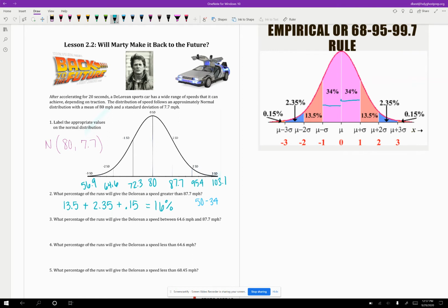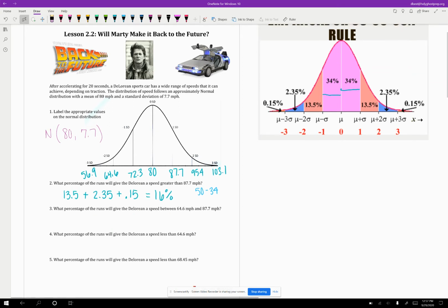For number 3, between 64.6, so down here at -2 standard deviations and up to +1. So we're looking for this total area of our percentages. So for this, I would have done the 13.5 plus 68% for a total of 81.5.